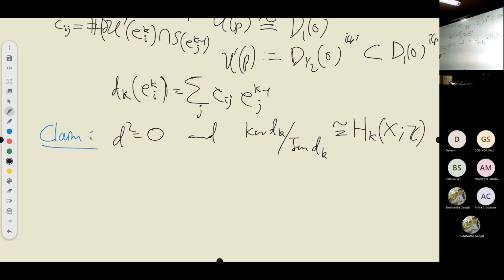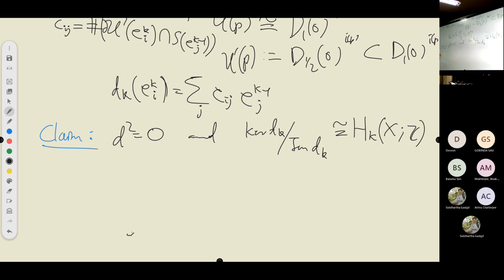So to prove this claim in earnest, when I mentioned over here that you take a count of intersection points, you need to actually take an oriented count of the intersection points. And that goes into explaining how these manifolds are oriented and so forth. So I'll not go through the whole of it, but I'll give you a sketch. And a good reference is Nicolescu's Invitation to Morse Theory book.